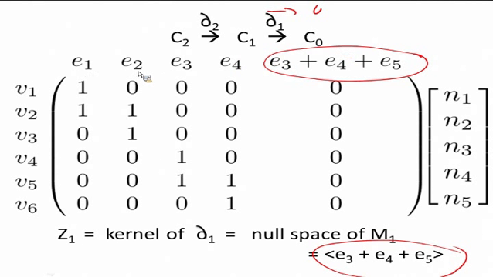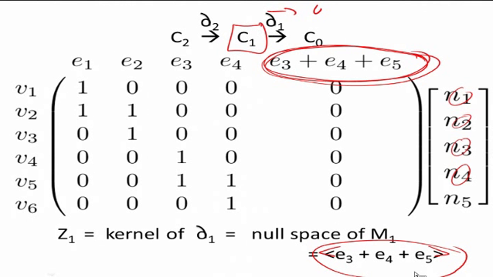These things had to be 0 right here. So it was only this last column, and so I know that is what gets sent to 0. So I know that my null space is now generated by E3 plus E4 plus E5. So I know exactly what my null space is.